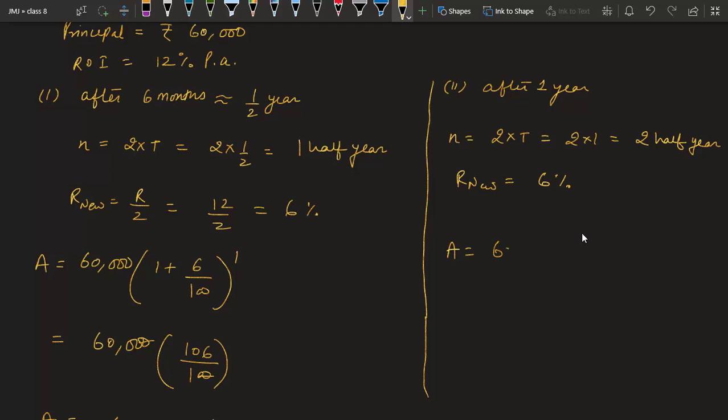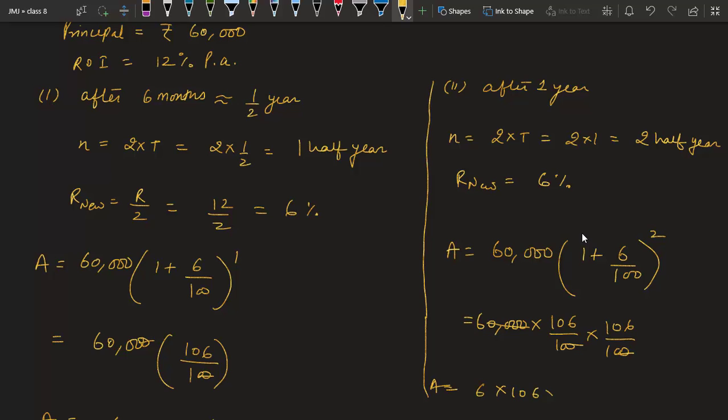Amount will be given by 60,000, (1 plus 6/100) whole power 2. So this will be 60,000 into 106/100 into 106/100. 0000 will cut these 4 zeros and the answer will be 6 into 106 into 106.